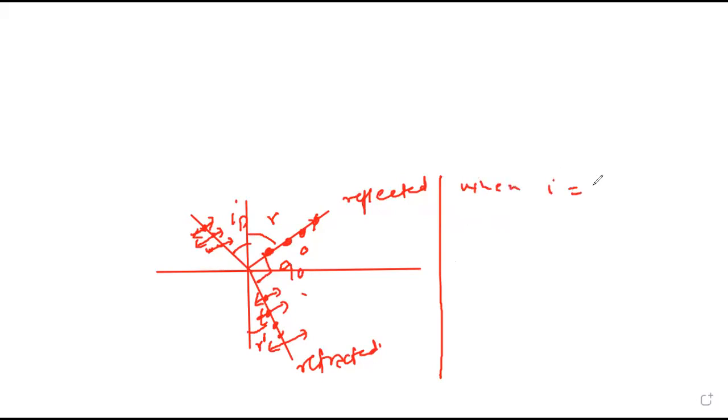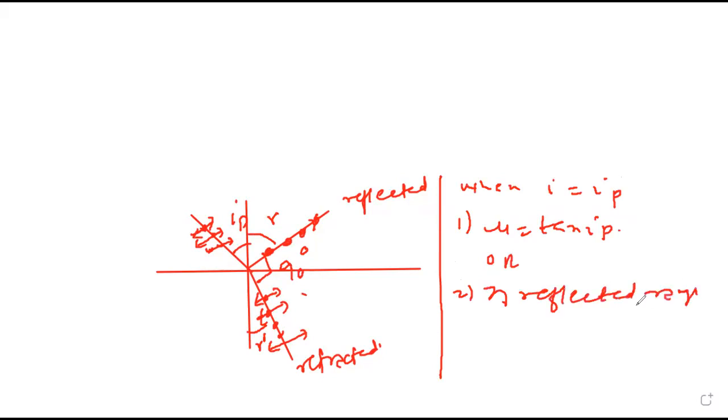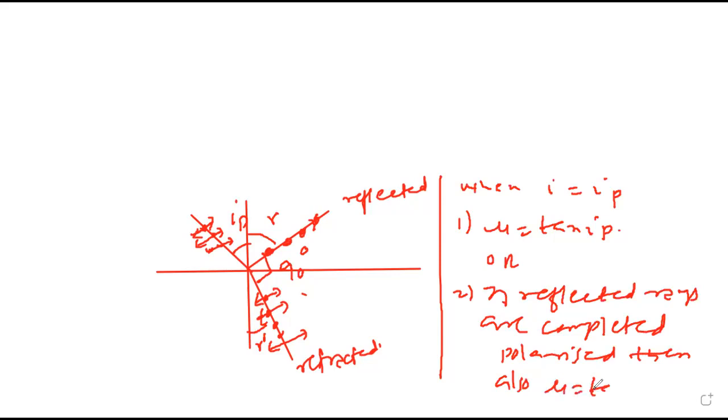So you have to remember, when I is the polarizing angle, we can use tan of IP. Or if it is given that the reflected rays are completely polarized, then also you should know that mu is tan of IP.